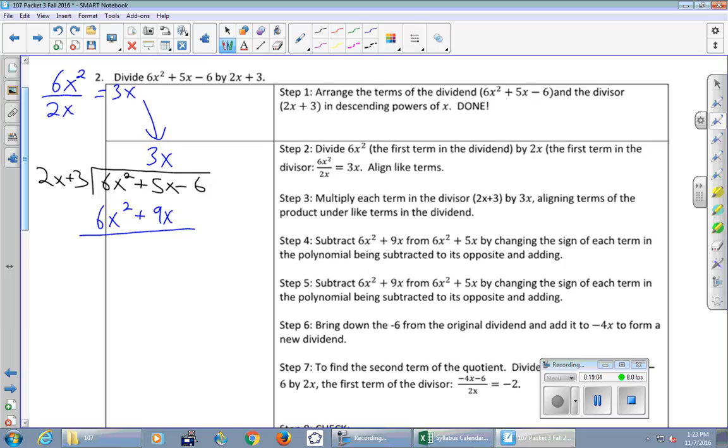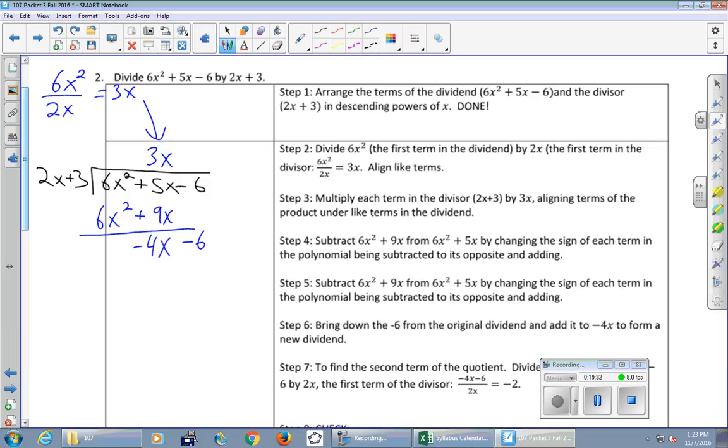Cancel, that was the goal. What about the 5x and the 9x? Negative 4x. Not 14x. No. Okay, and then what comes down? The minus 6.